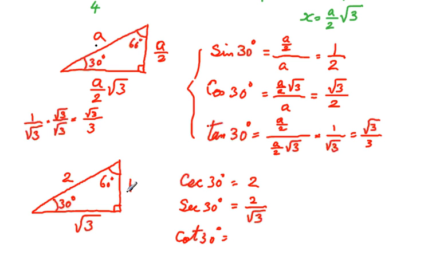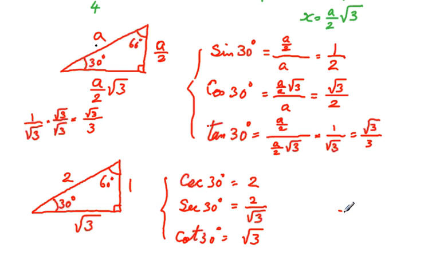Ratio adjacent to the opposite. What is that? Square root of 3. So for 30-60, this picture is very handy.